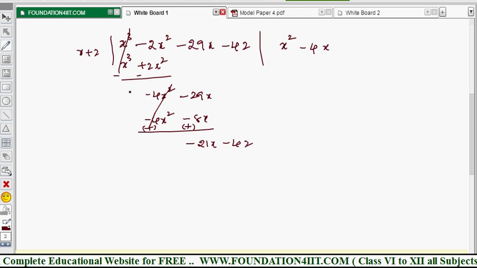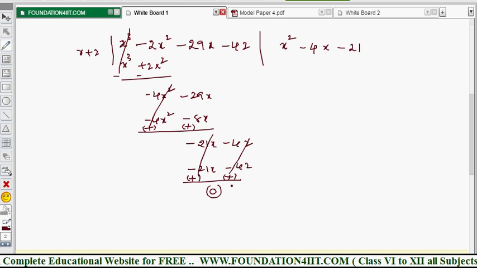Now x is the first term, and minus 21x is the first term in this. So x into minus 21 is minus 21x, so minus 21 goes here. Minus 21 into x is minus 21x, and minus 21 into 2 is minus 42. Change the sign, both get cancelled, so we got the 0.